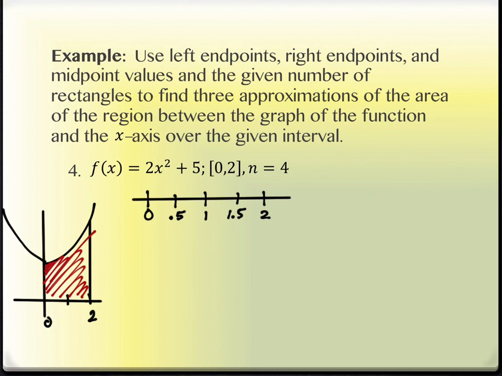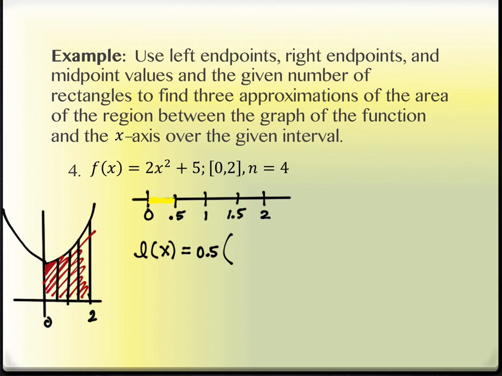All right, so we're going to start with left-hand endpoints, and I'm going to abbreviate it as L of x for the left-hand side. What's the width of every single rectangle I'm going to draw? Like if I literally drew all of these in here, what's the width of all of them? 0.5, right? It's the distance right here. How far does it go from there to there? It's 0.5. And then I need to have 4 rectangle heights.